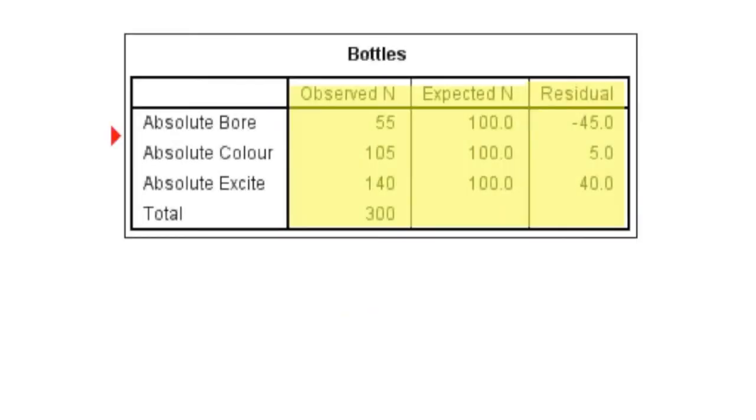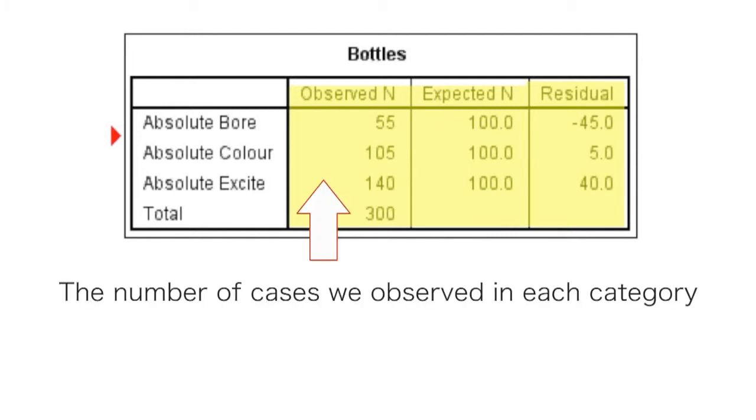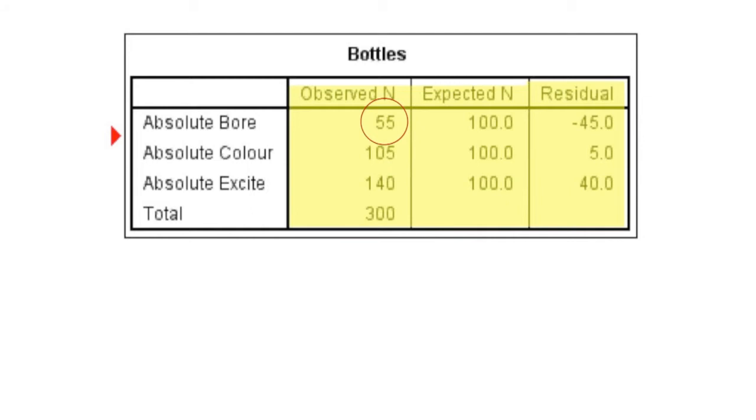Now in this table you see the observed N, the expected N, and the residual. The observed N is the number of cases we observed in each category. The column basically just replicates, or summarizes, the data file. So we've got 55 young people who bought Absolute Bore, 105 young people who bought Absolute Colour, and 140 young people who bought Absolute Excite.